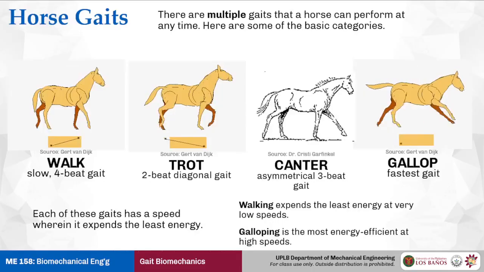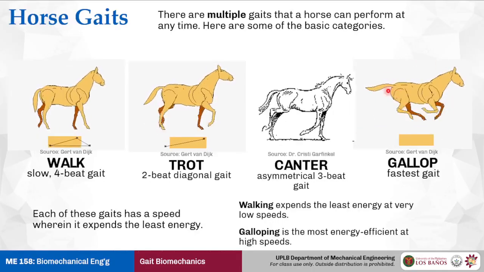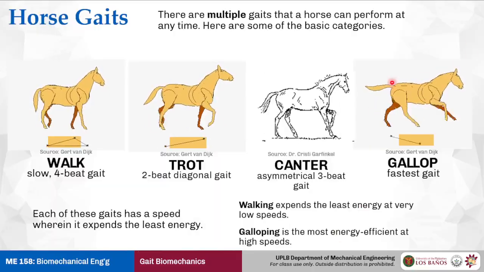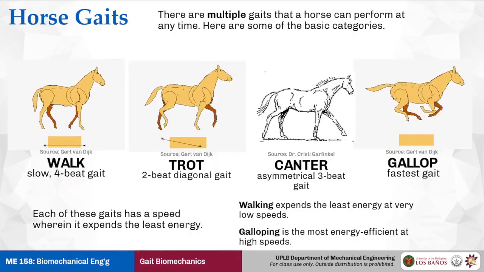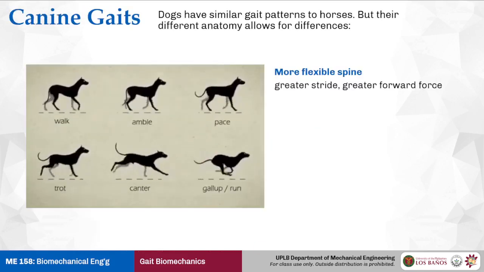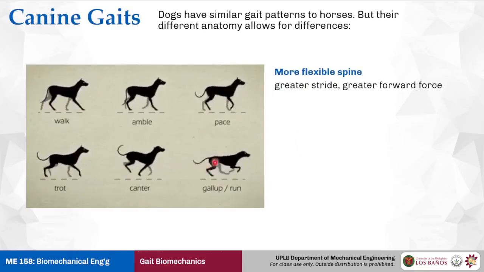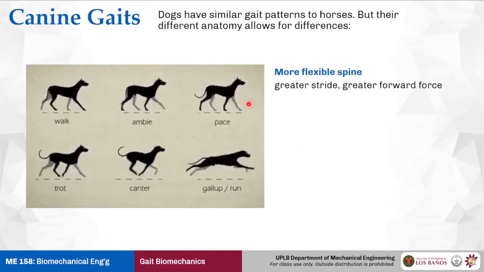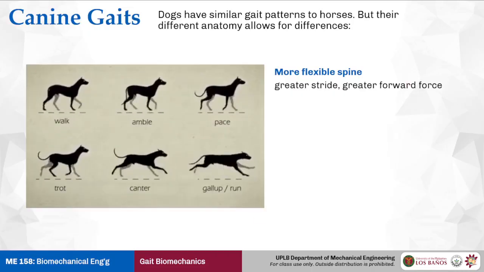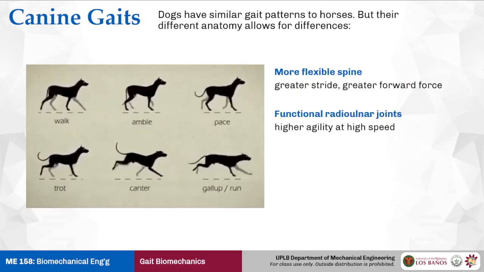If we go back to our horse gallop, you can see that the spine of the horse is not moving a lot. It is similar to our spine and doesn't really move much during running. But for the dog, it is flexing a lot, and this helps with a greater stride, so the dog essentially travels faster for the same amount of flex of the leg.